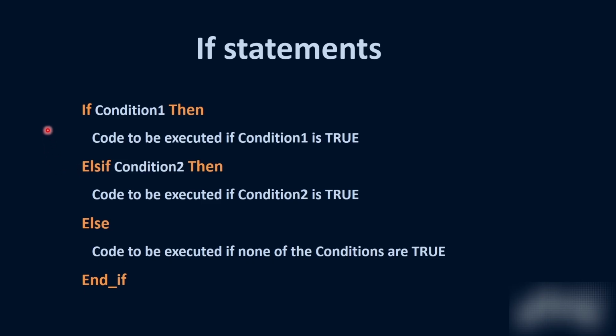Therefore, we have maybe condition 1. If condition 1 is satisfied, then we execute this part of the program. However, if condition 1 is not satisfied and condition 2 is satisfied, then we execute this part of the code. And if none of these two are satisfied, then it will execute the else part.